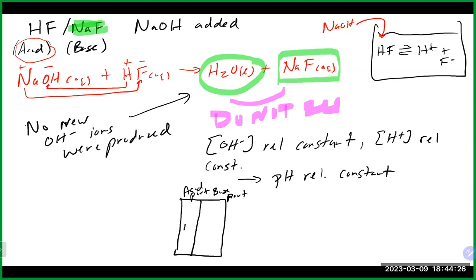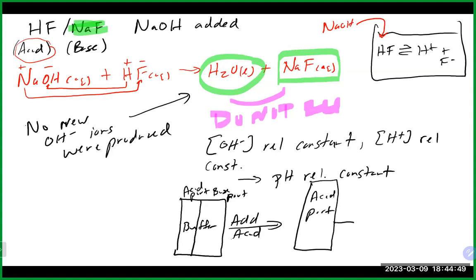And if this is your buffer, what happens is as you add acid to your buffer, it will react with the base part of the buffer, but it will make more of the acid part of the buffer. So the acid part of the buffer goes bigger, and the base part of the buffer gets a little bit smaller as you use some up.